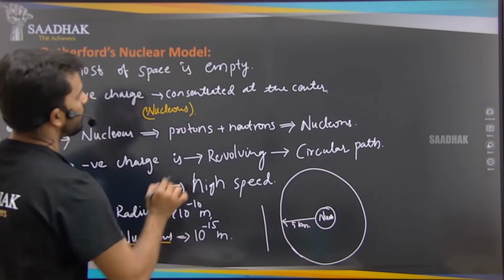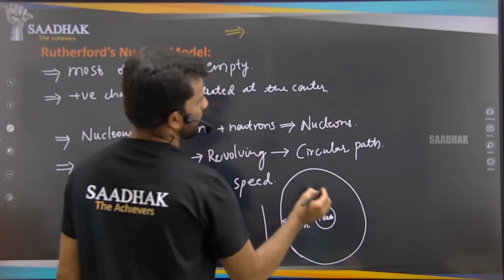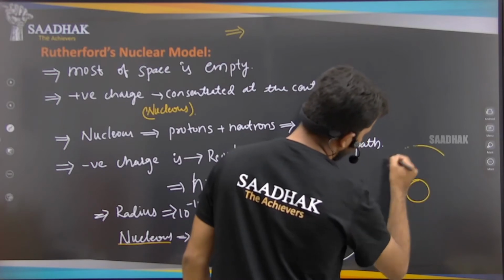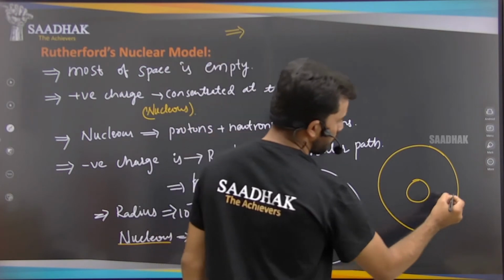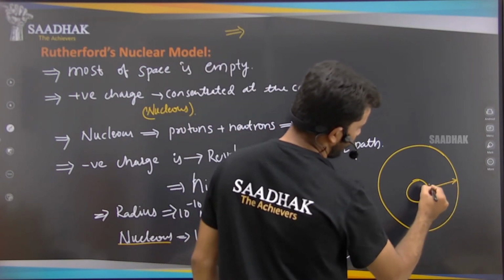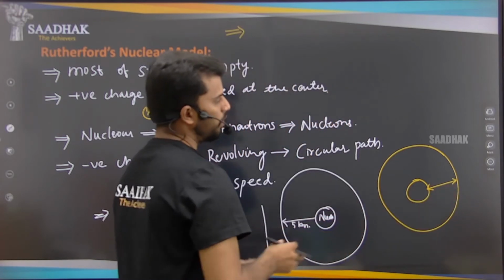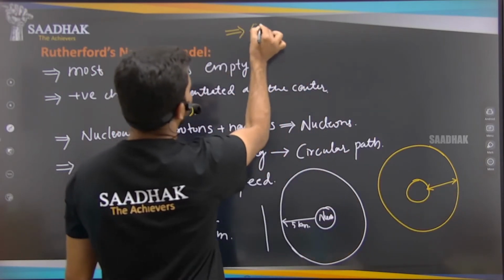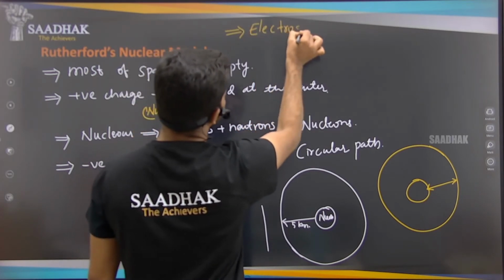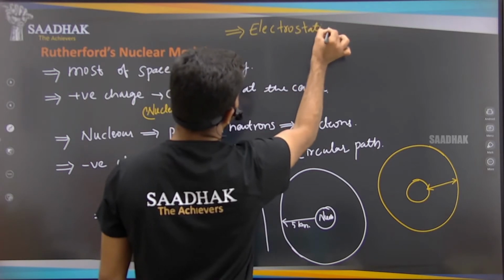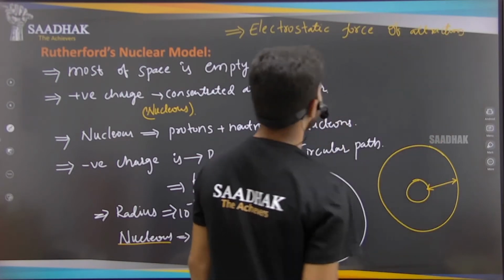Rutherford gave another point where he said that this nucleus and these electrons, which are revolving in this manner, are bound together by the electrostatic force of attraction.